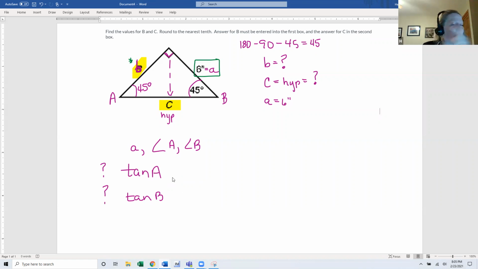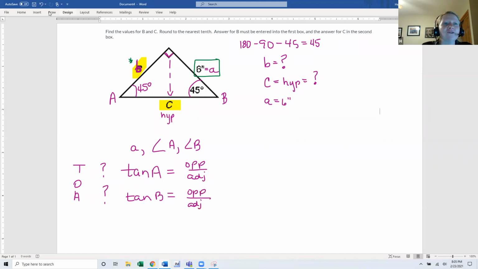Let's do both. If you're not sure, we're just going to do both. So tangent is TOA, opposite over adjacent. No matter which one, A or B, it's still opposite over adjacent. It just changes based on perspective.